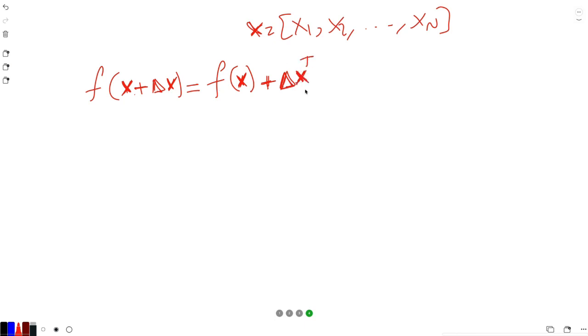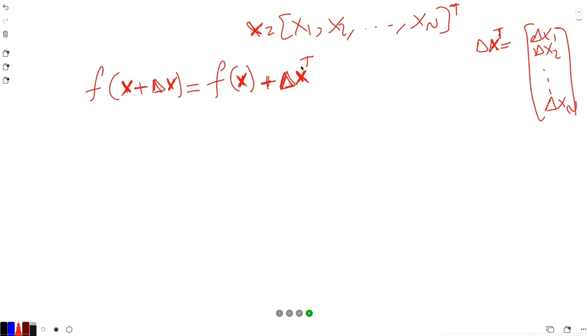Remember that now delta x is a vector. It is a column, because x is a column, so delta x is a column. So delta x equals delta x1, delta x2, up to delta xn. So it is a vector.